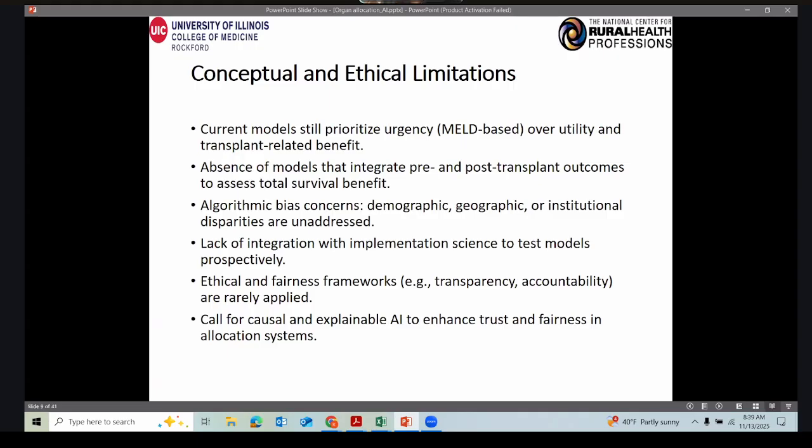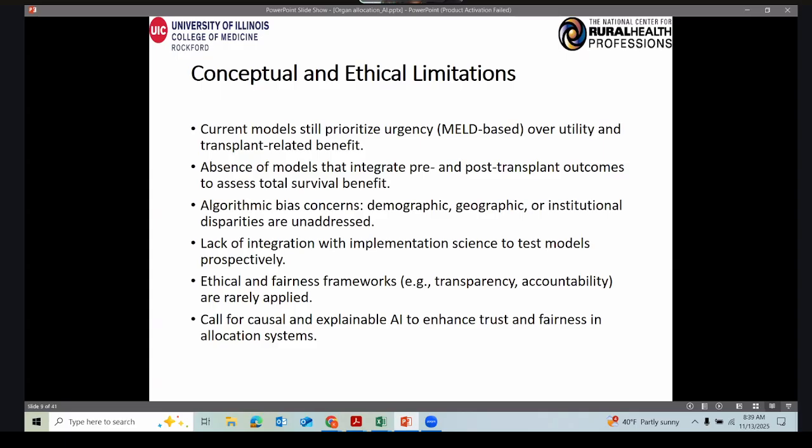There is also a lack of integration with implementation science, which means most AI models are tested retrospectively using existing data, but not actually deployed or tested prospectively in real world settings. Without real world validation, we don't know how well these models perform in day-to-day clinical practice.